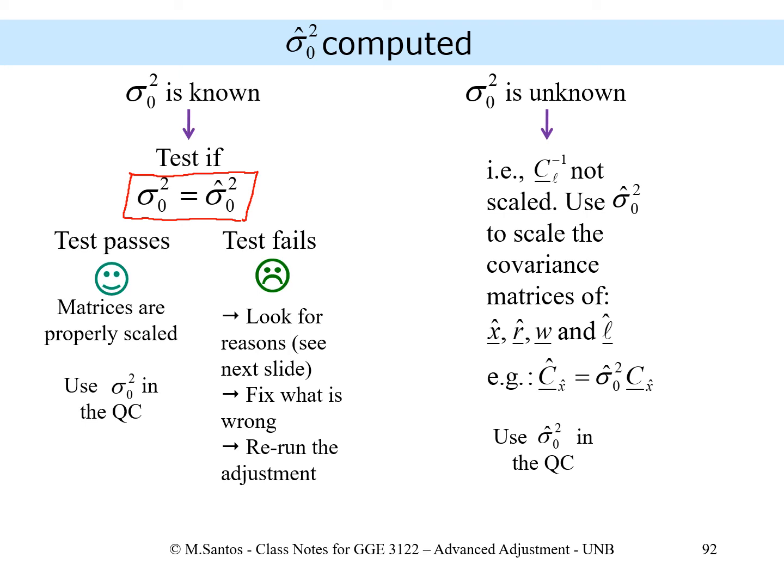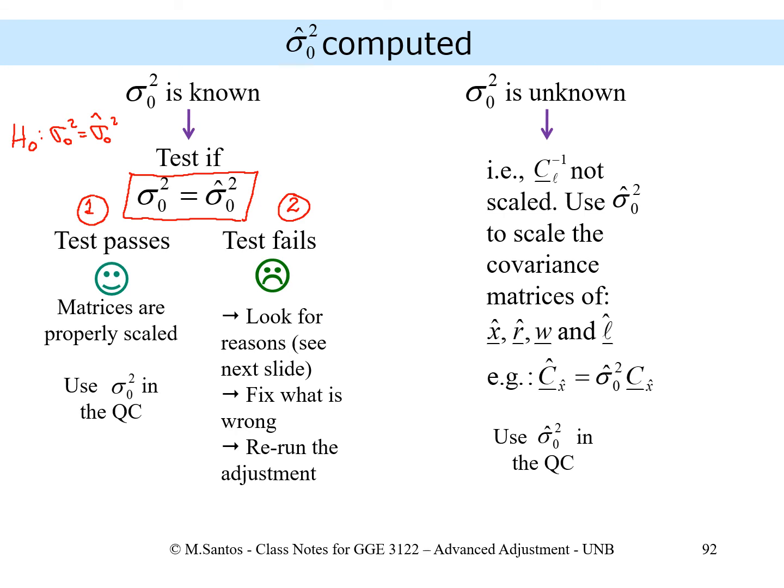But usually it is equal to 1. So we have two outcomes. In the first, the test passes, in the sense that the null hypothesis is not rejected. Again, the null hypothesis is that these two are the same. The test passes, we're happy.